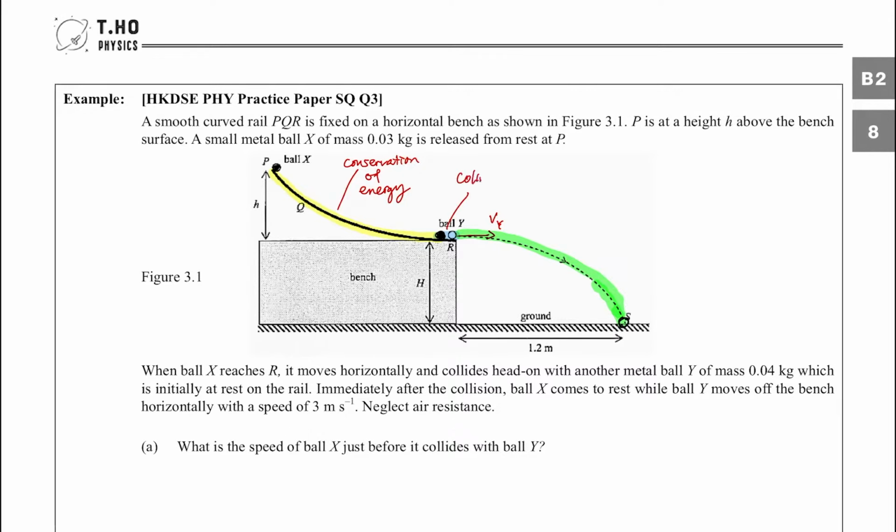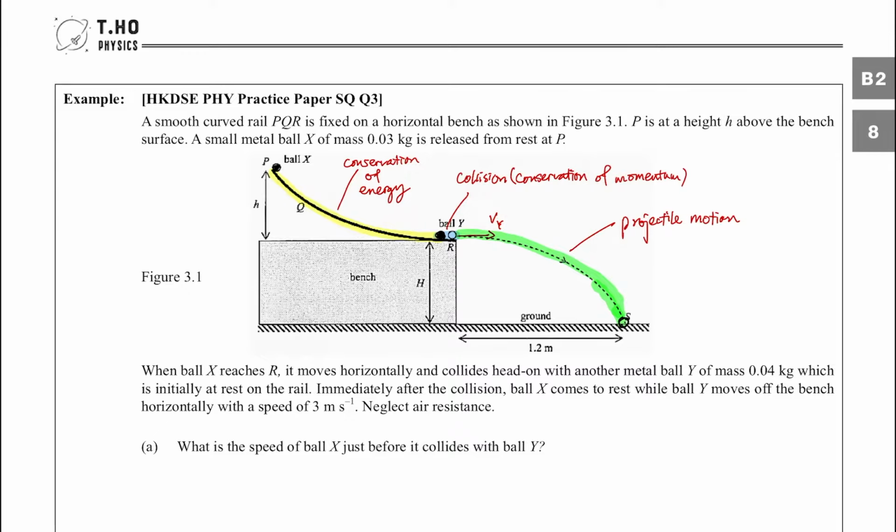Secondly, we would have a collision in which we can apply the principle of conservation of momentum to solve for the motion after collision. Finally, we have a projectile motion, so we can use the method we learned in chapter 8 to solve this.